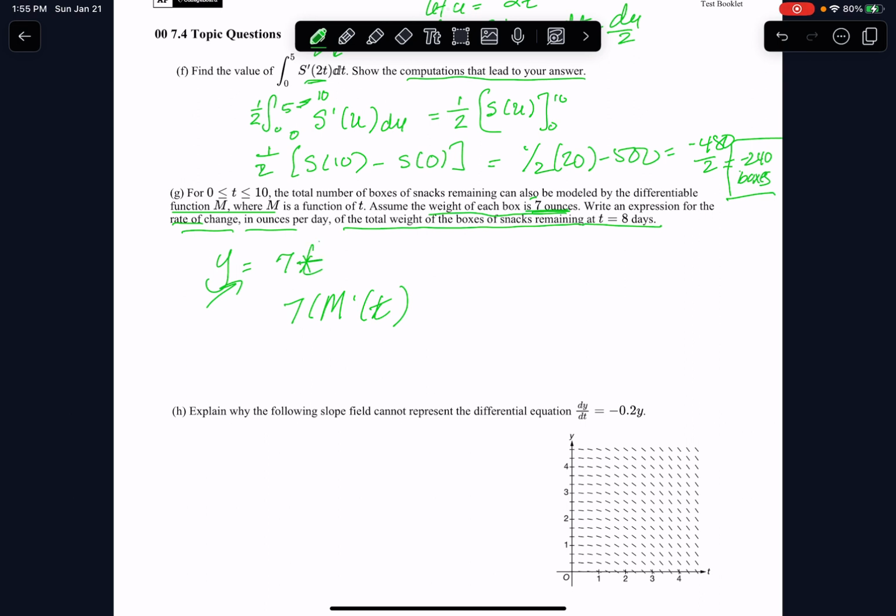Let's put this as 7 times m of t, just so we can make it make sense. 7 times m of t. And then when we take the derivative, it's 7 m prime of t. And so if we're just writing an expression at t equals 8, that would be 7 times m prime of 8. And that's all they want.